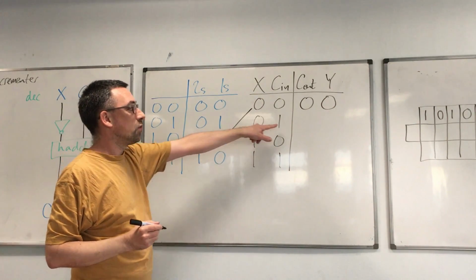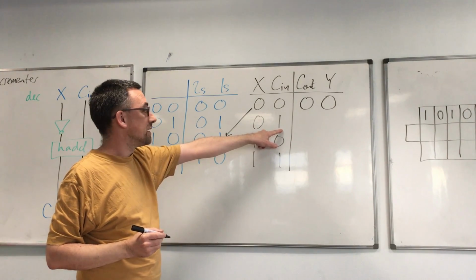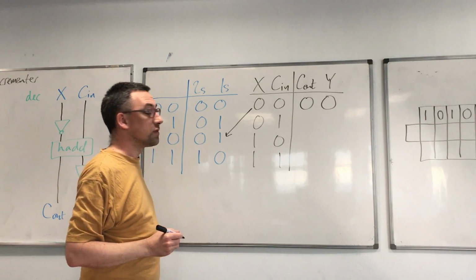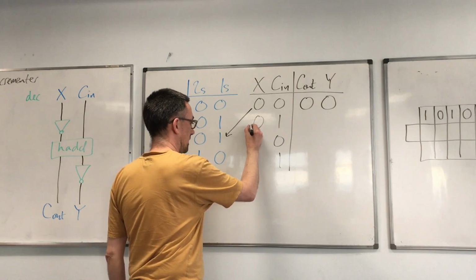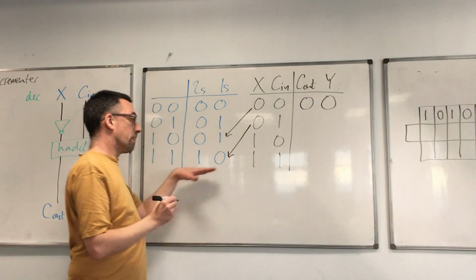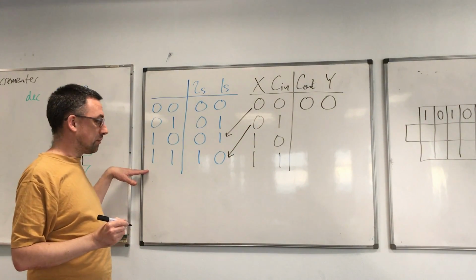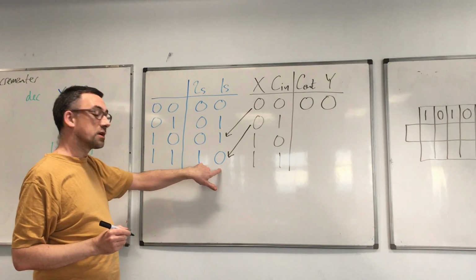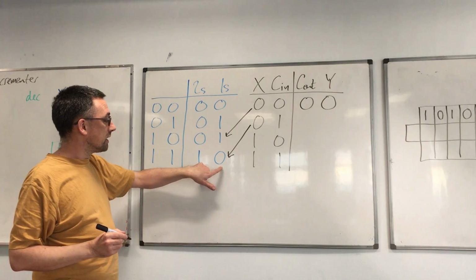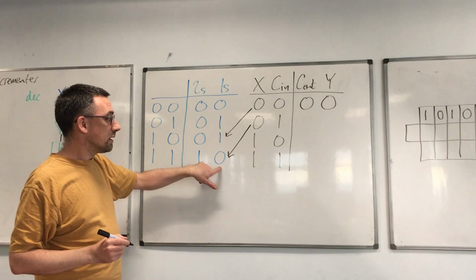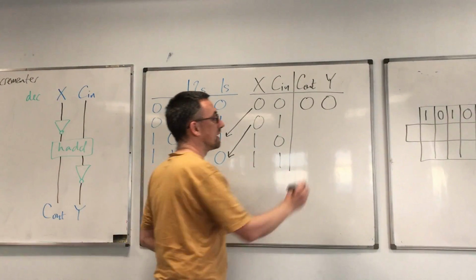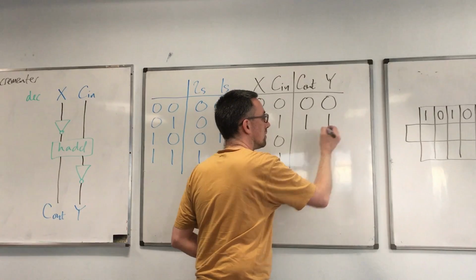Meanwhile, if 0 and 1 go into the decrementer, then again the 0 gets negated, and we find ourselves in this row of the truth table. 1, 0 comes out of the half adder, and then the 0 gets negated to give us 1, 1.